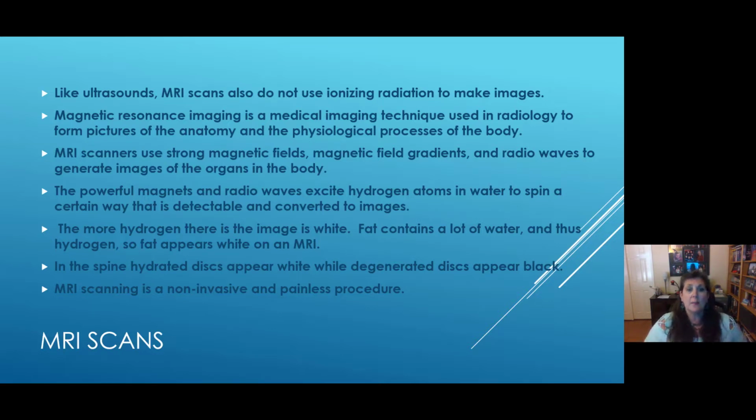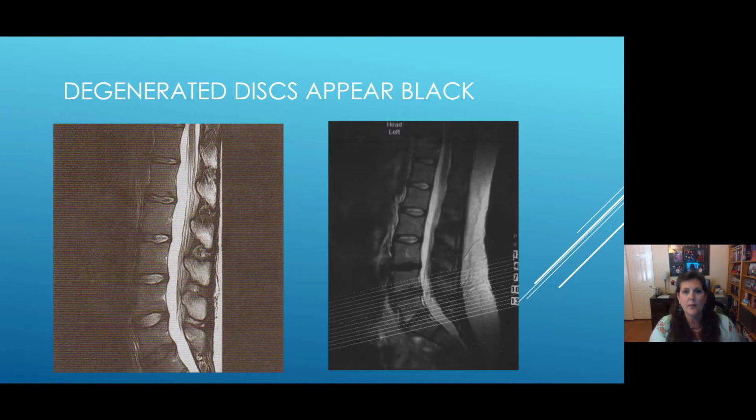So I've had one of these done myself. MRI scanning is non-invasive and it's painless. So MRI scans are great, except they're so expensive. But they do not cause cancer, they're not ionizing, they're non-invasive, and they give beautiful images. So here's a couple of images of a back. One of them is mine. So you can see the hydrated discs are white. They appear white.